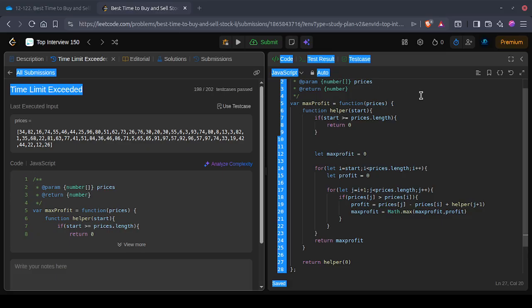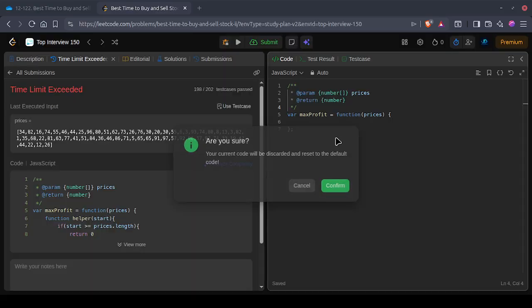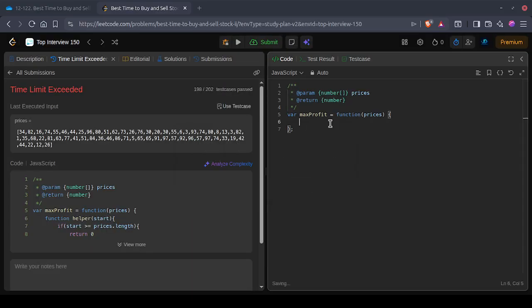So let's write the code for this. First create a variable to store the total profit. Let profit equal to 0, and we start from index 1 because we compare with the previous day. For let i equal to 1, i is smaller than prices.length, i plus plus.